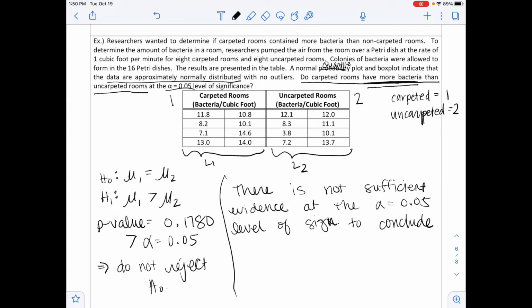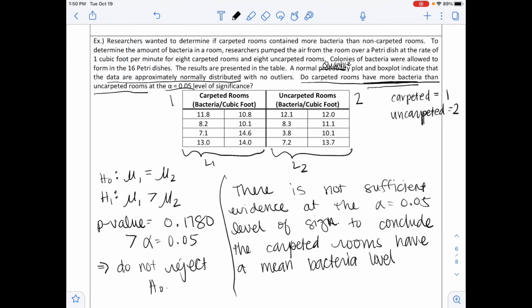So to conclude that carpeted rooms have a mean bacteria level greater than uncarpeted rooms.